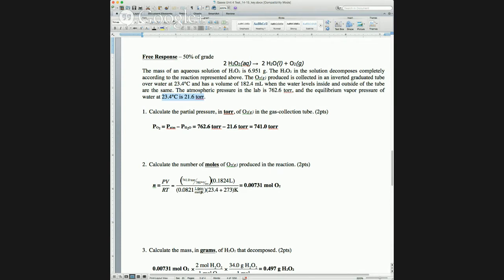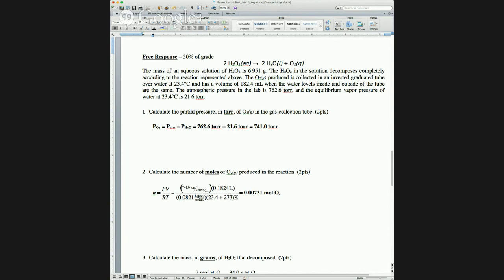So it was P total, because this is really, and maybe I'll write that underneath it so you guys can see it. P total. Okay, P atmosphere and P total are the same thing, okay? So P total equals P of water plus P of oxygen gas.